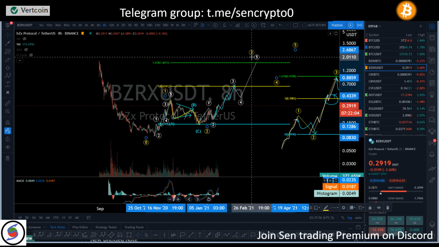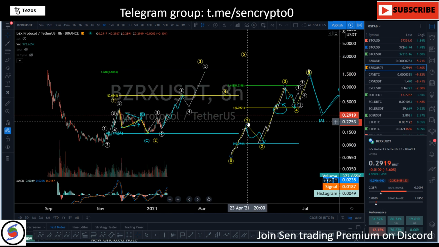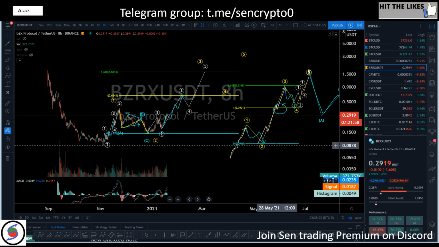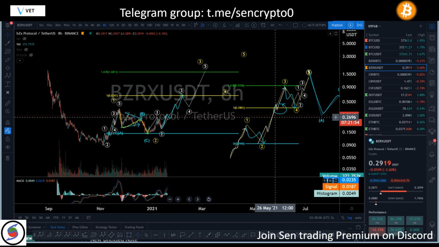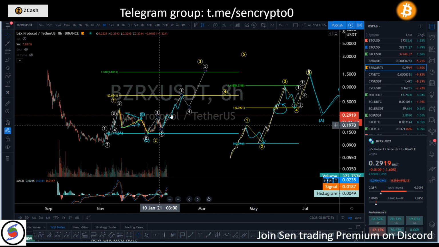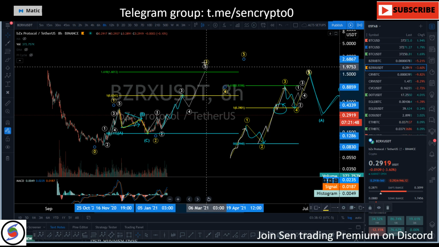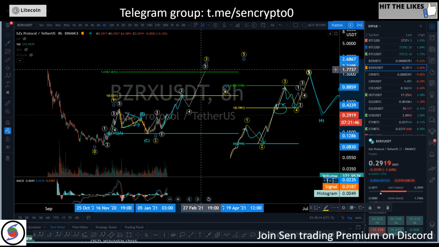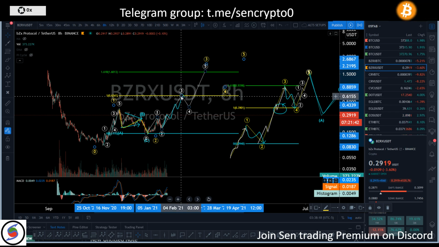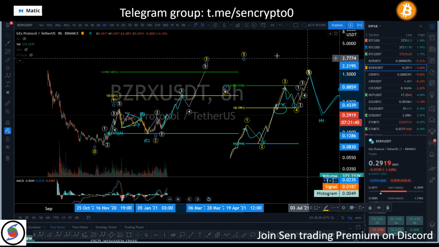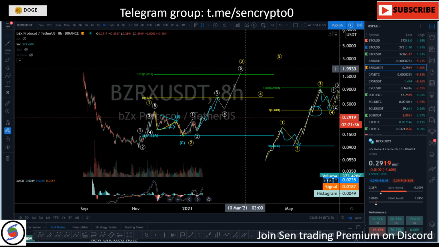Remember, you've got your wave 1, 2, 3, and wave number 3 right here also has a 5 wave impulse, which is the 5 wave I'm counting here in white. Don't confuse it with this wave number 3, because wave number 3 also has internal waves. So if you take a look at BZRX, we're looking for our wave number 3.